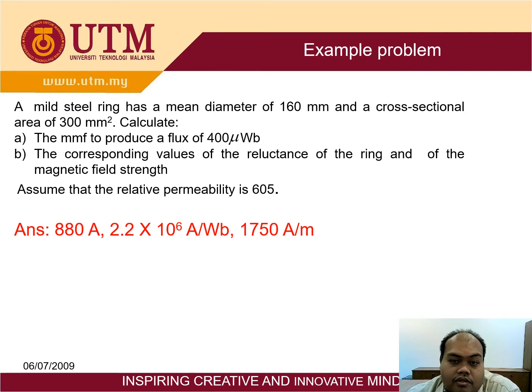The mean diameter means the center of the circle, I will show it to you later. Then you have to calculate the MMF given the flux, then calculate the reluctance and the magnetic field strength. Assume the relative permeability mu r is 605. Make sure you understand the question.